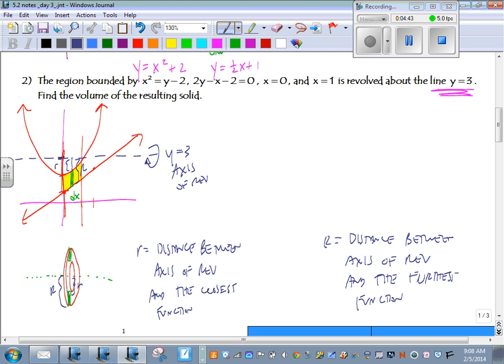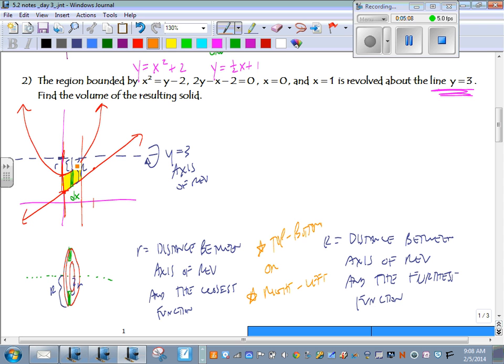And just like when we're doing area, we either subtract top minus bottom or right minus left. So we're taking the bigger one minus the smaller one. So in this case, we're doing vertical distance.